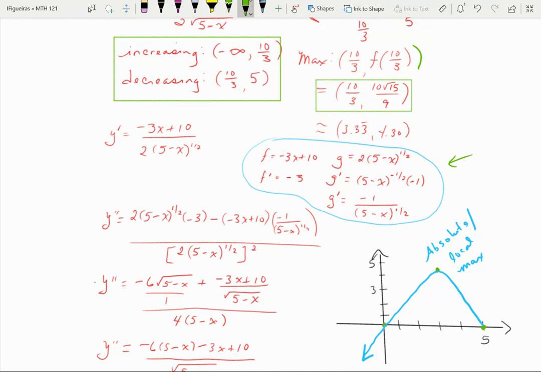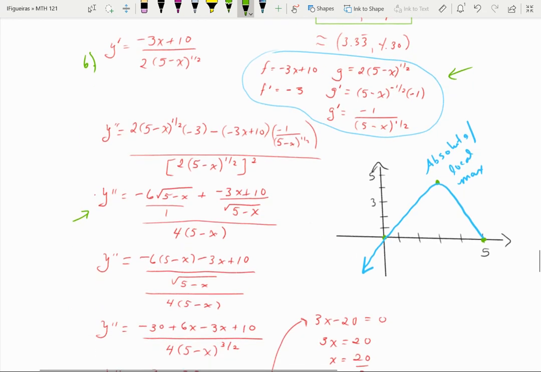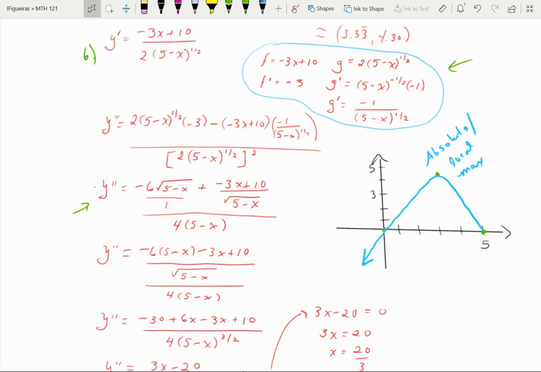This is where number 6 starts. So y double prime here, I'm rewriting this to show you that I have two separate rational expressions in the numerator with different denominators. The common denominator is root 5 minus x. So from this line to this one right here, we're getting a common denominator.